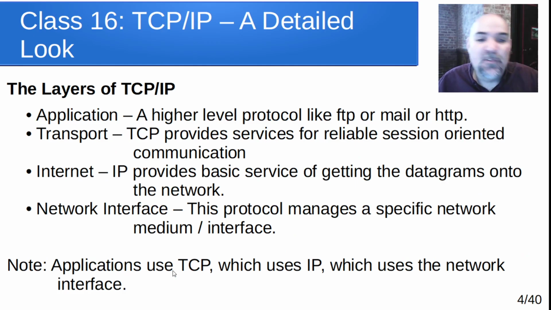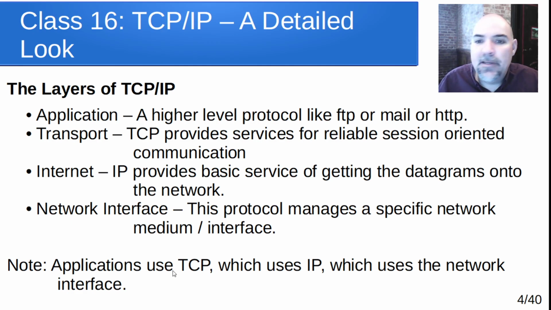Okay, so the layers of TCP/IP are a little bit different, a little more coarse-grained than what we saw with the OSI model. But the application layer, that would be the high-level protocol that's using the TCP/IP service. And you might have a protocol at that level.